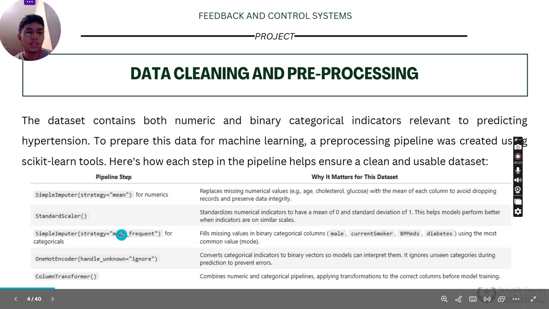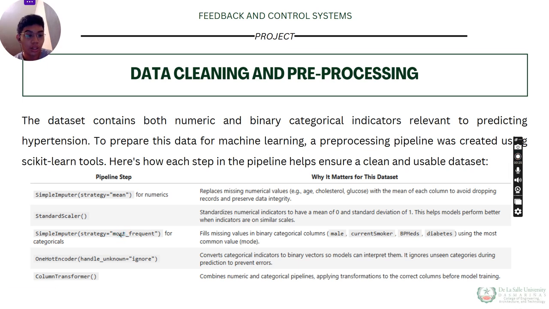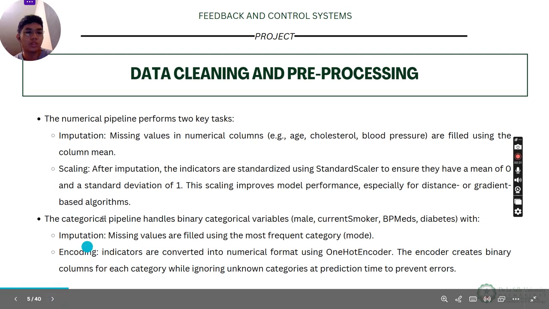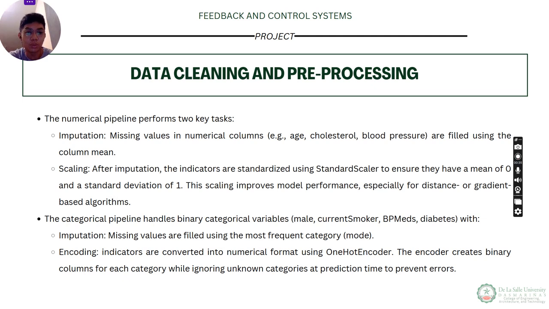I used simple imputer, standard scaler, and column transformer. So I used simple imputer since there were missing values, so I had to replace those missing values with the column mean.